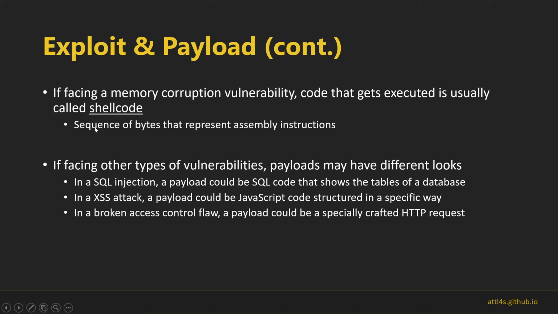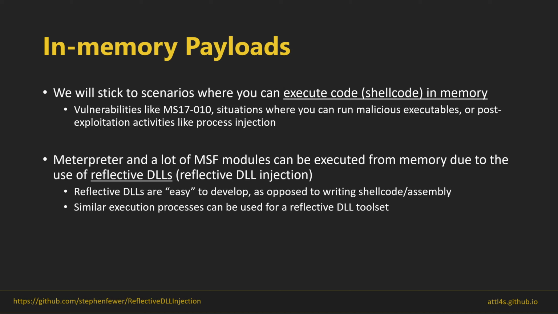Shellcode is a sequence of bytes that represent assembly instructions, all right? So yeah, we will stick to scenarios where you can execute shellcode in memory, like vulnerabilities, or situations where you can run your exe, and what your exe does is run a shellcode, okay, or process injection, for example.